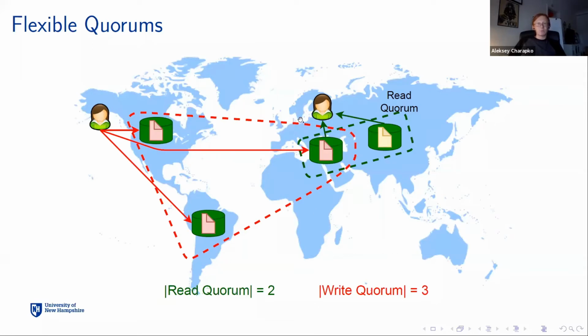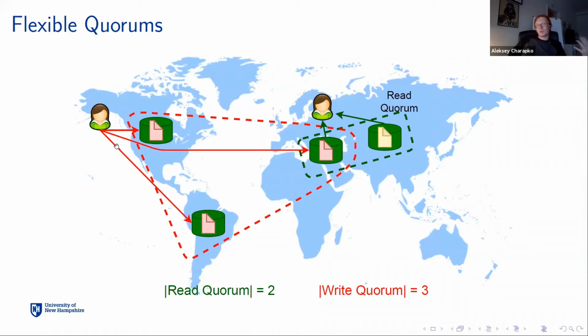And again, this comes at the expense of the write quorum, right? So the write quorum is now 3 nodes, because we have to have this overlap between read and write quorum. But even this write quorum is not actually that bad compared to the 3-node scenario that we have, because for this client, this 3-node write quorum is still better than the 3-node write-all quorum that we originally had in the very first example, because it's a little bit closer to her.